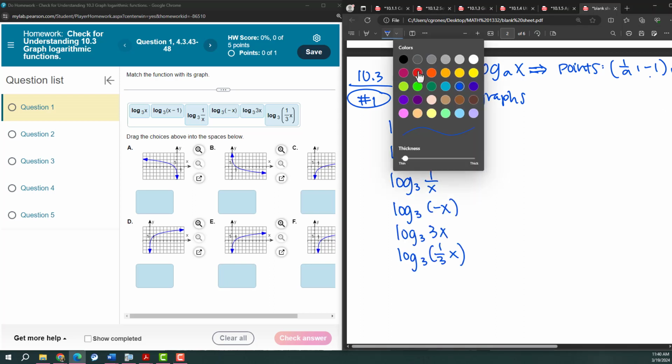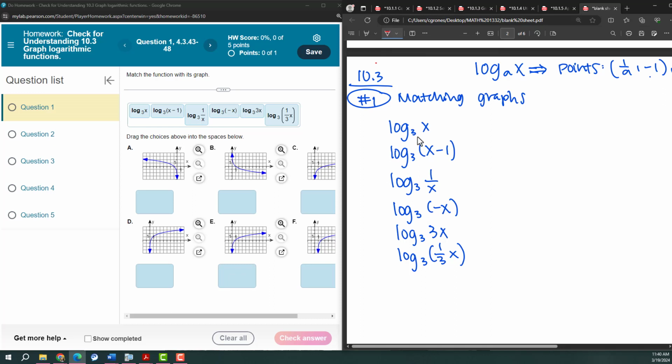So a equals 3 on all of them, and x is going to equal our x. So for our points, we've got 1 over 3, negative 1, and at the end, 3, 1.